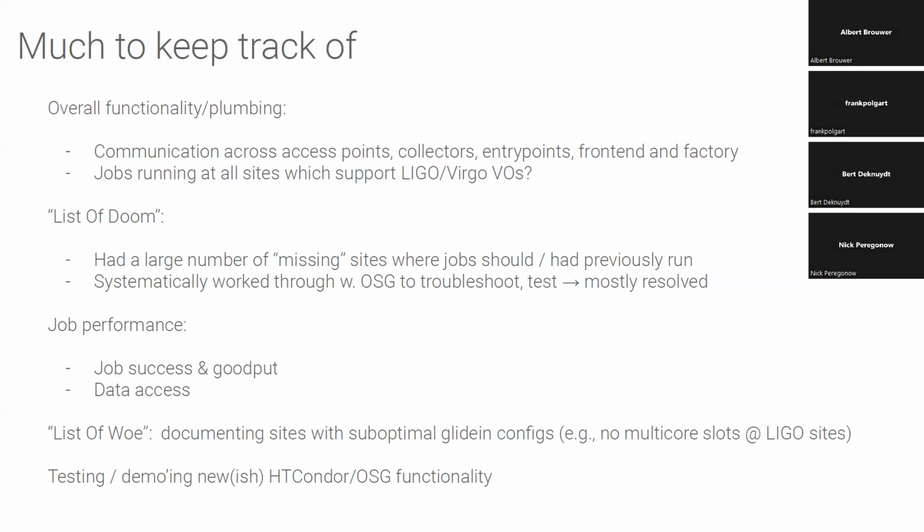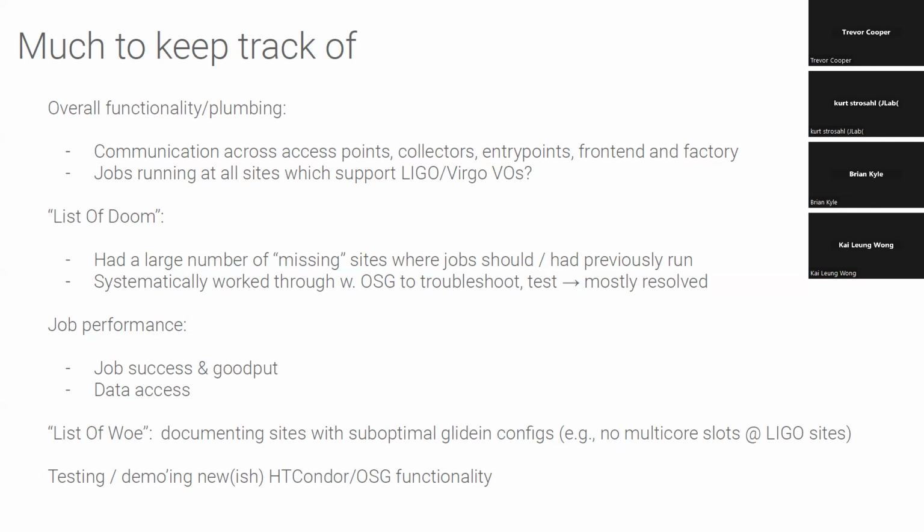This is a process of documenting sites which I've just started noticing are really not well configured for what our users really want. Another example being that right now there are actually no multi-core slots at any LIGO managed sites, despite some of our most computationally demanding and IGWN pool friendly analyses enthusiastically using multi-core jobs.